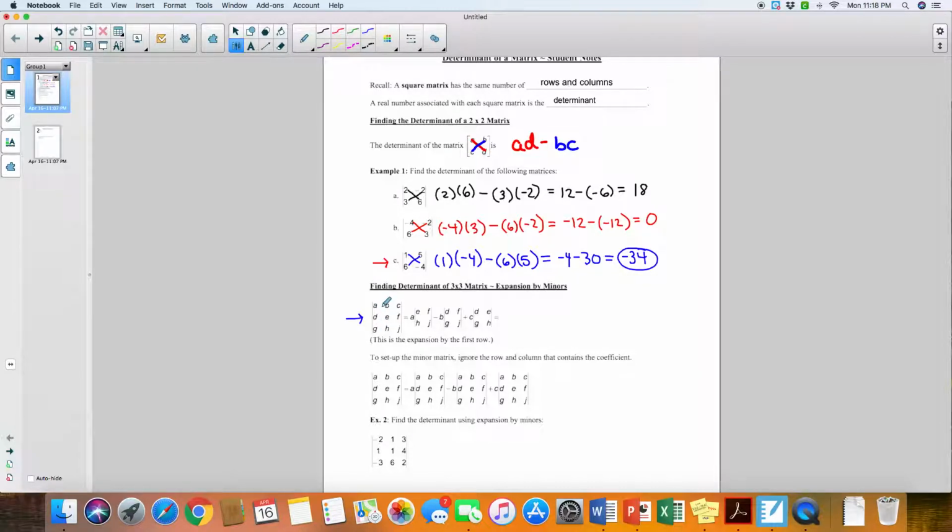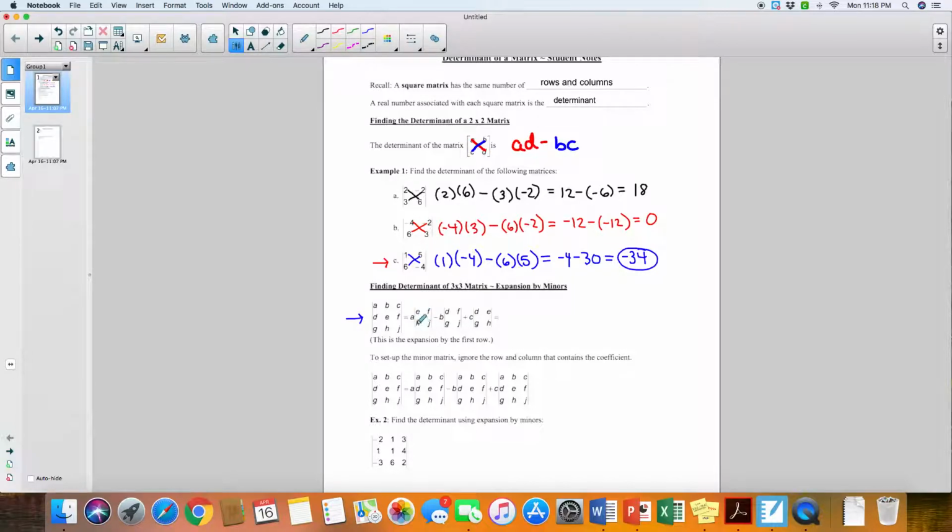So if I remove row A, B, and C, I'm left with D, E, F, G, H, J. And then if I remove the column that contains element A, I am left with these two. As you can see, that would be my minor. So that is how you find a minor. It is going to be the matrix that is left over once the row and column of a particular element has been removed.